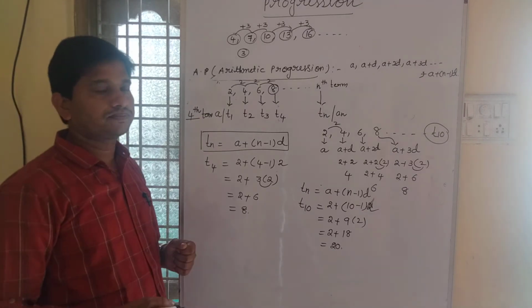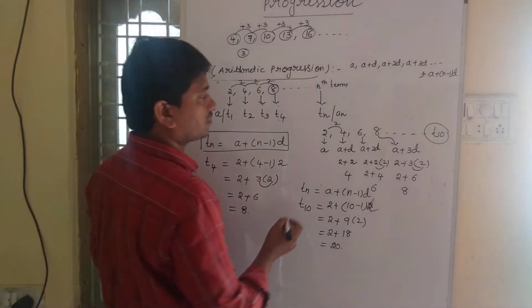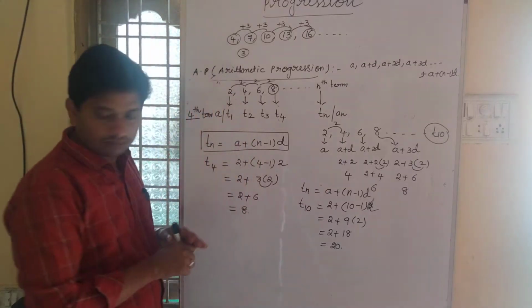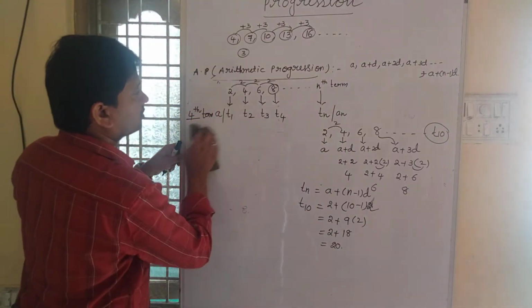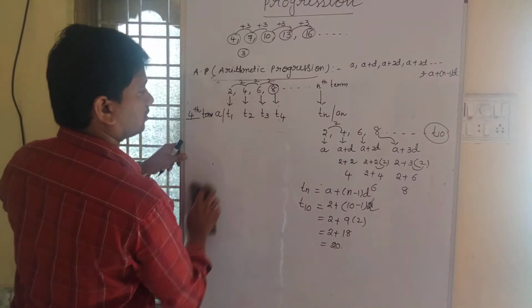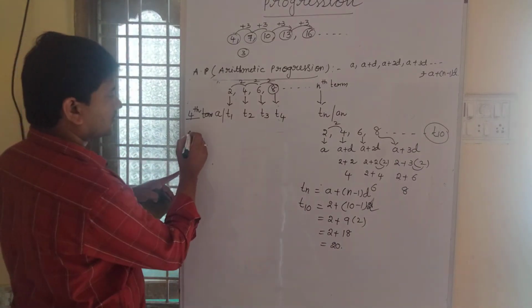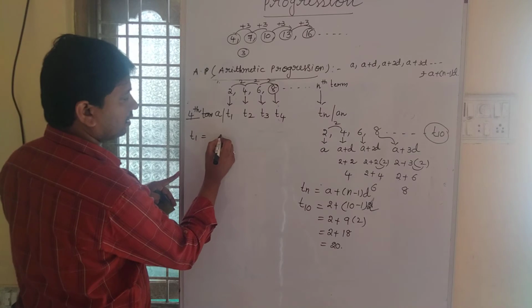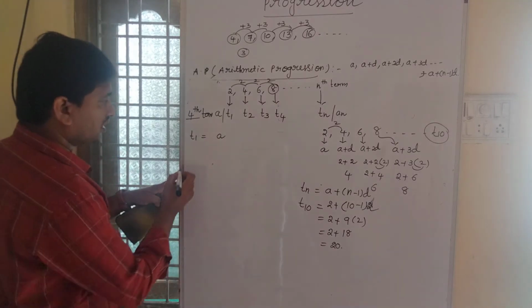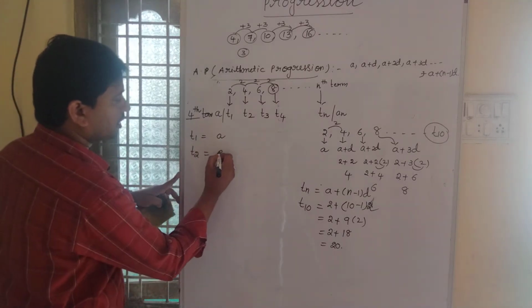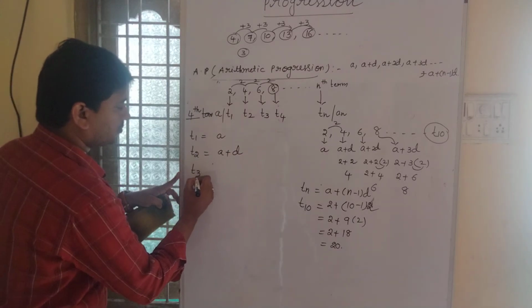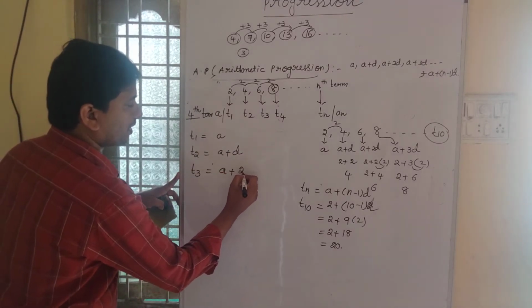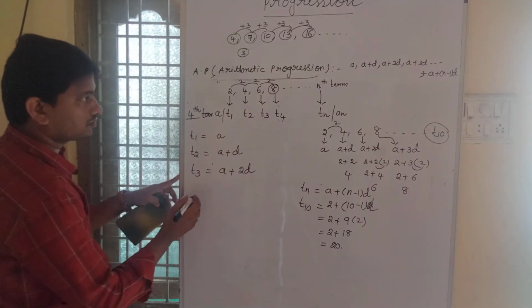Once you observe, children, this is our first term T1. So the first term T1 is nothing but A, the second term T2 is A plus D, and the third term T3 is equal to A plus 2D. Right?